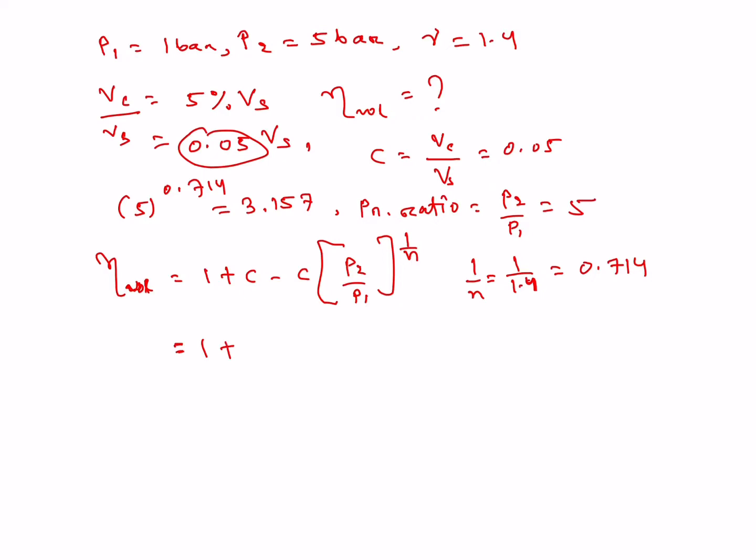So 1 plus C is 1.05, minus 0.05 into P2 by P1 to the power 1 by n, already given this value.